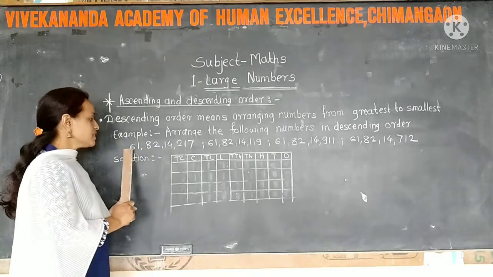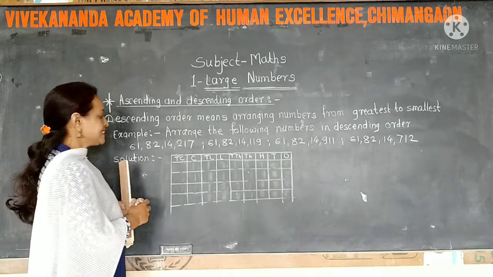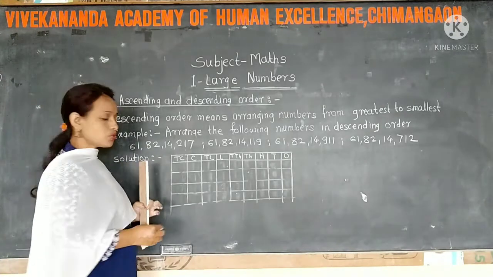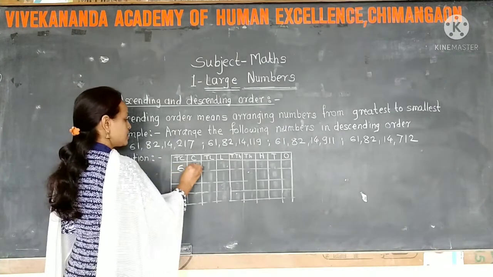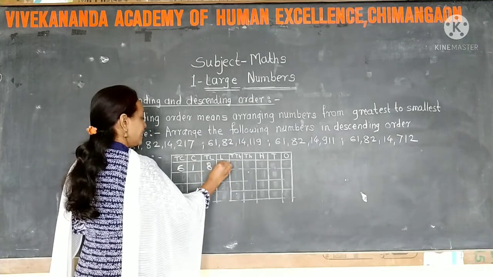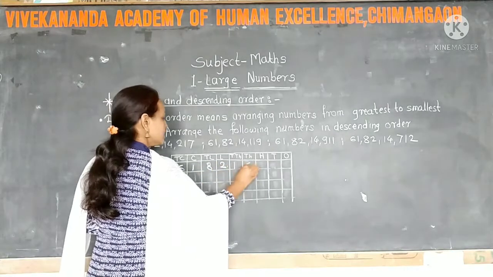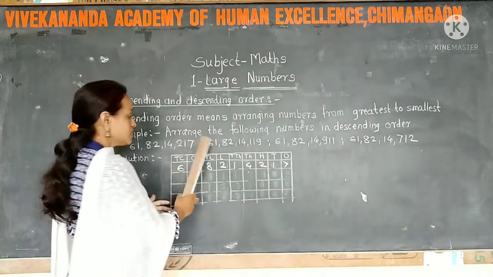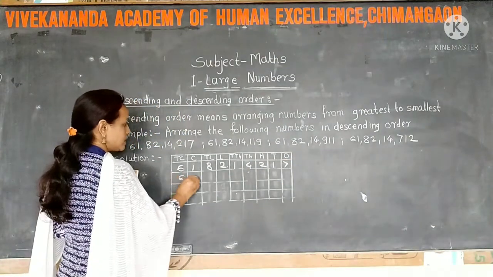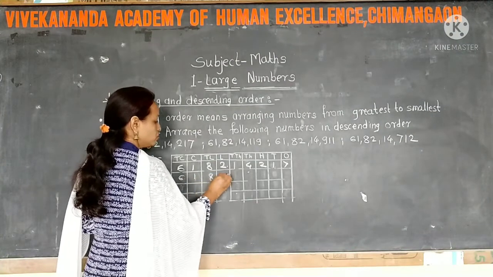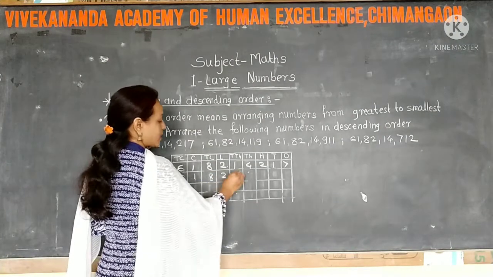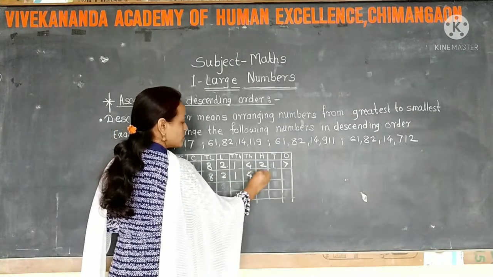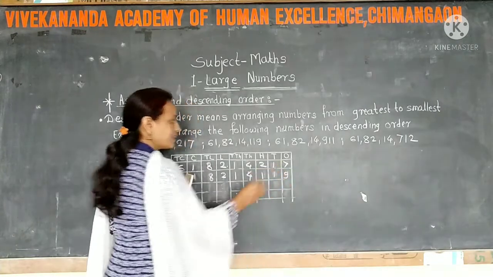So your first number is 61 crore 82 lakh 14,270. Second number 61 crore 82 lakh 14,109.